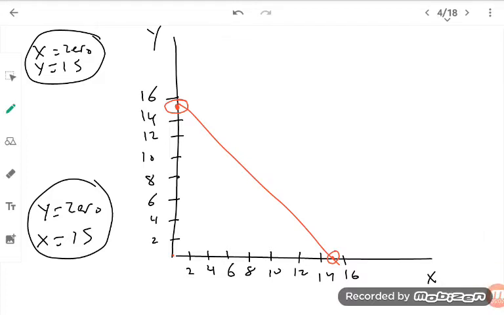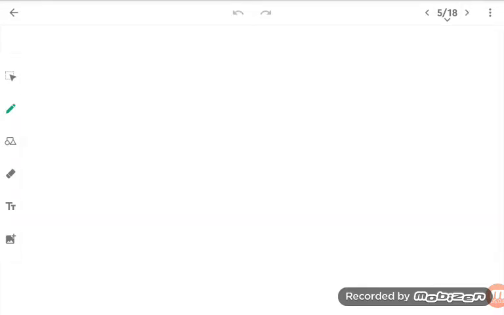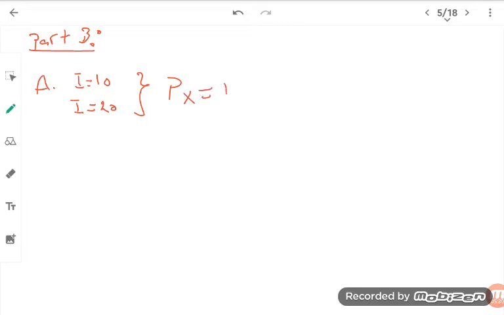Now we are going to start a new part of this problem. In this part, there are three main requirements. Number one, let's assume that income will be 10 or income will be 20 while prices are constant at 1. This is the first case.